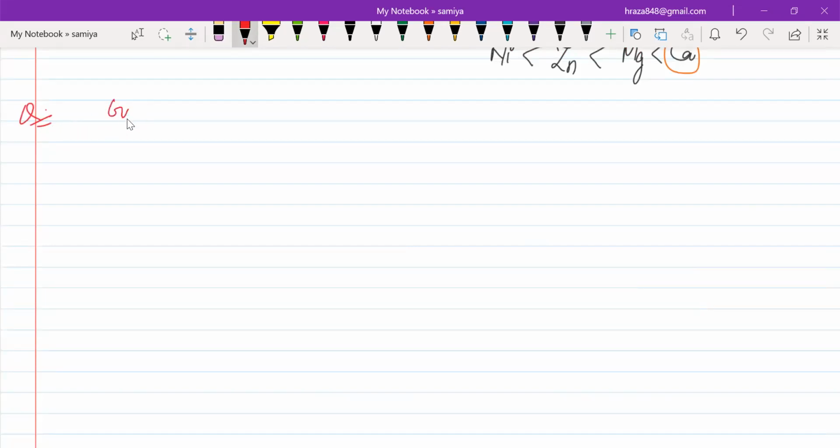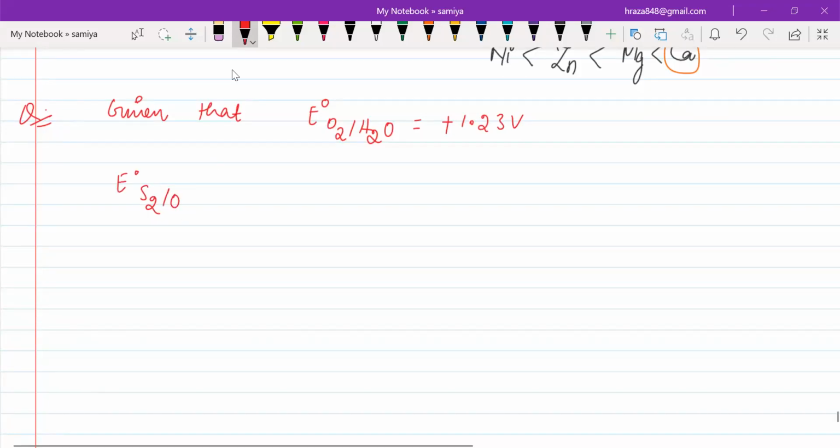Now see, the next question is, given that E naught of O2 slash H2O is given as plus 1.23 volt and E naught of S2O8 minus 2 slash SO4 minus 2 has a value 2.05 volt.